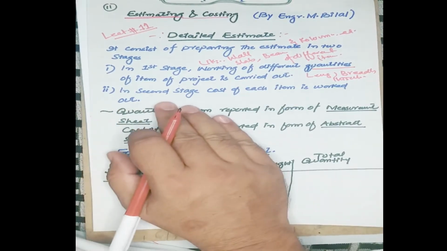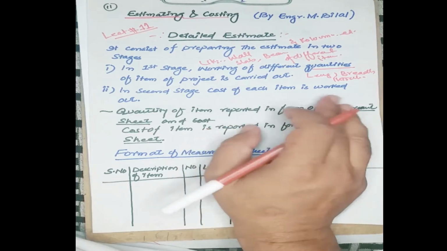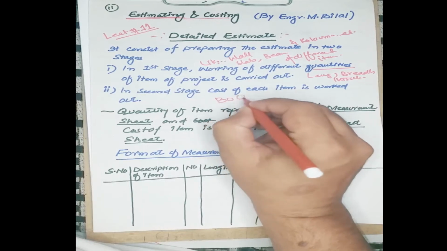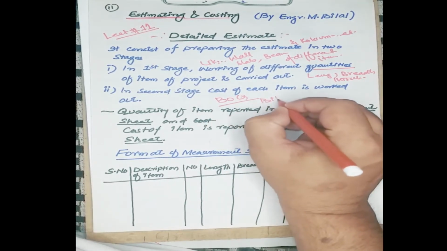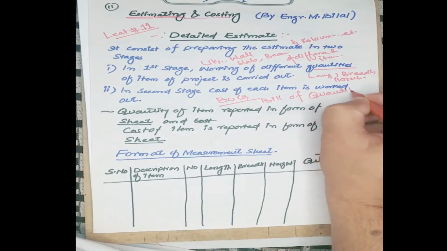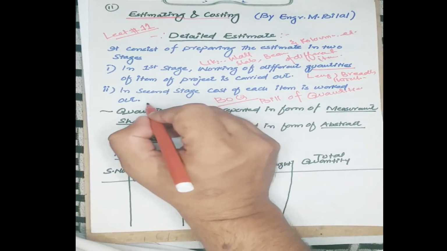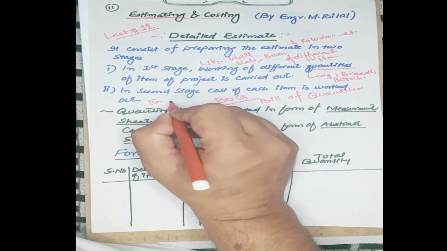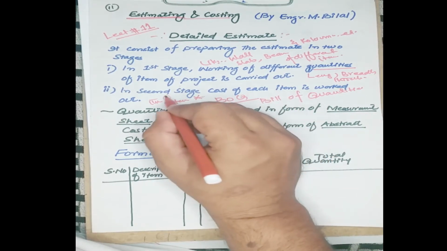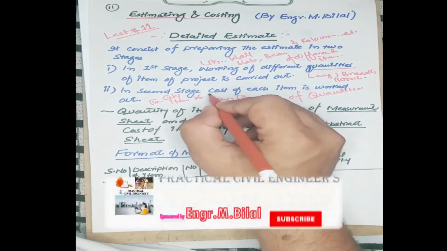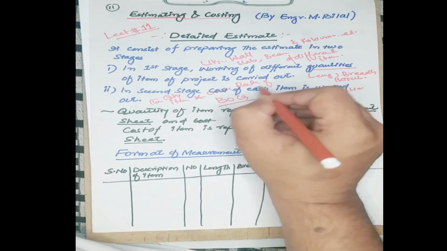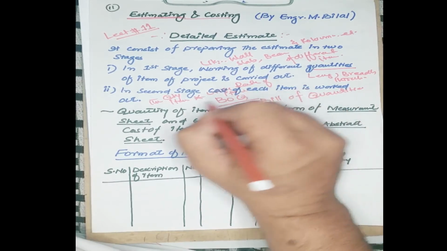In the second stage, the cost of each item is worked out, meaning we prepare the BOQ, which is called the bill of quantity, in which the quantity of items will be multiplied by the unit rate of the item.